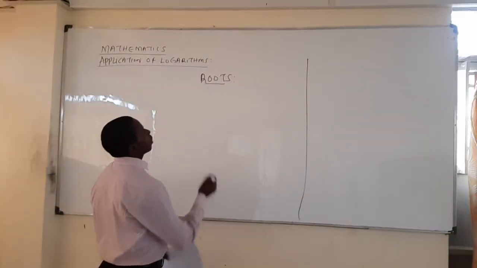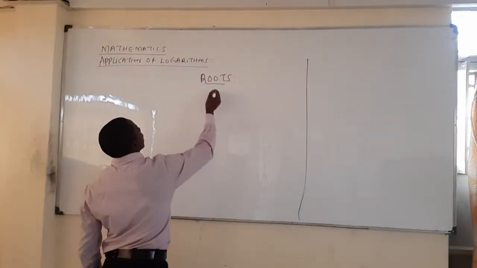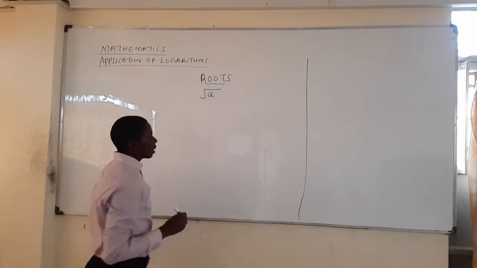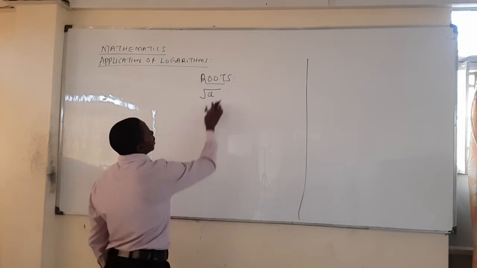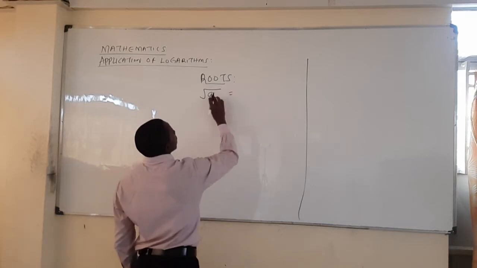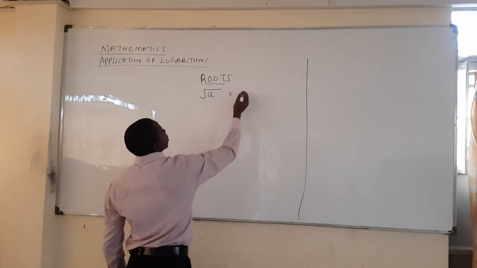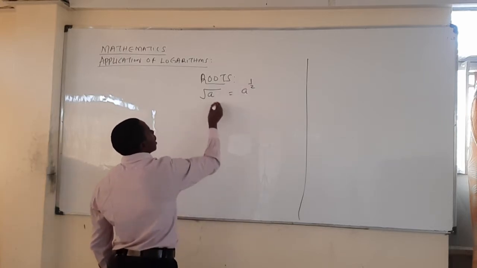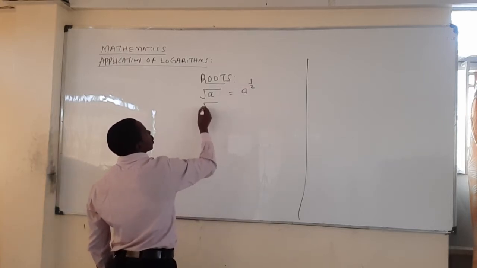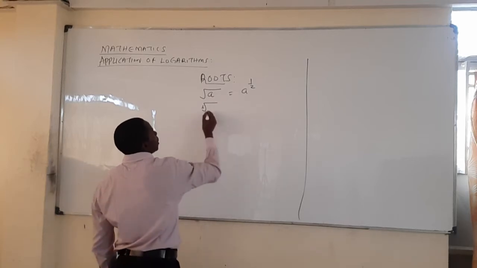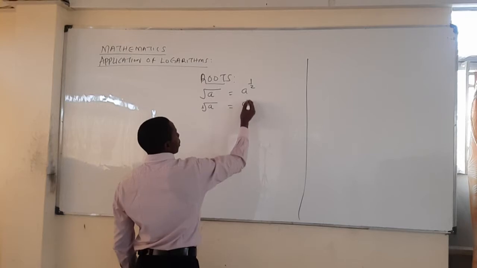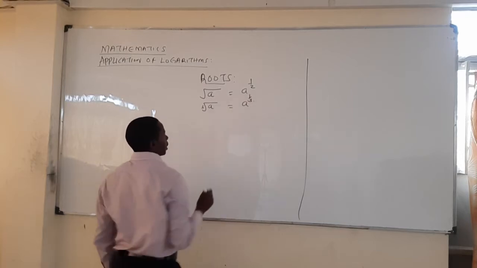Let's take an example. We have the square root of a. In indices, we said the roots can be written as, like the square root of a is a power a half. If it is the cube root of a, this is written as a power a third.